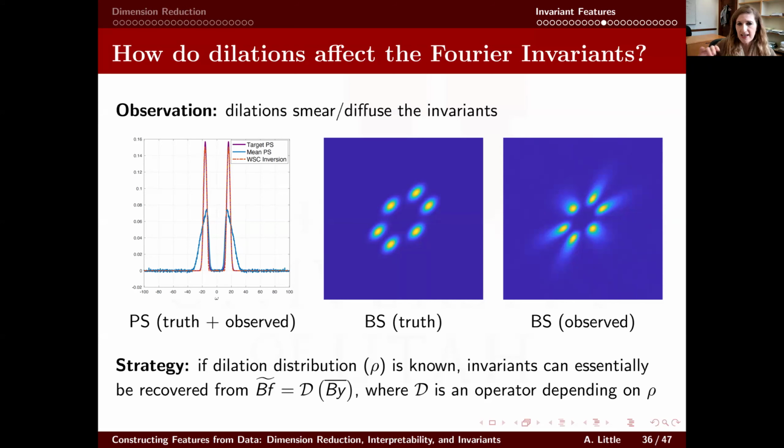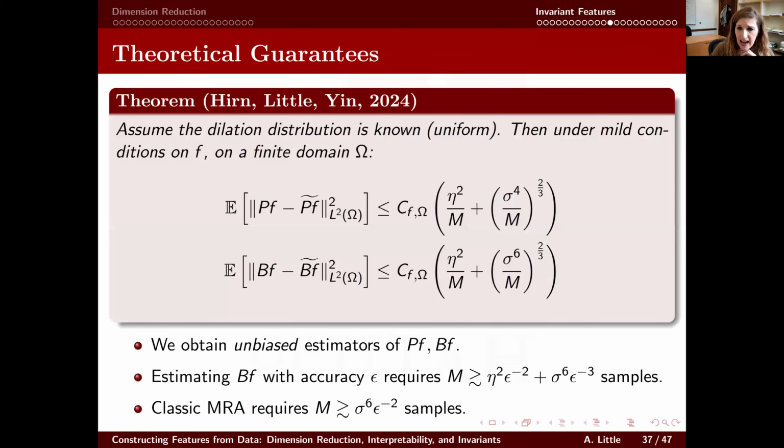The dilations essentially smear out your Fourier invariance, but with knowledge of the dilation distribution, you can develop an unbiasing procedure which recovers the bispectrum of your hidden signal. You can prove this and quantify the error of learning the power spectrum and the bispectrum of the hidden signal. This relates the sample size, the additive noise variance, and the dilation variance.